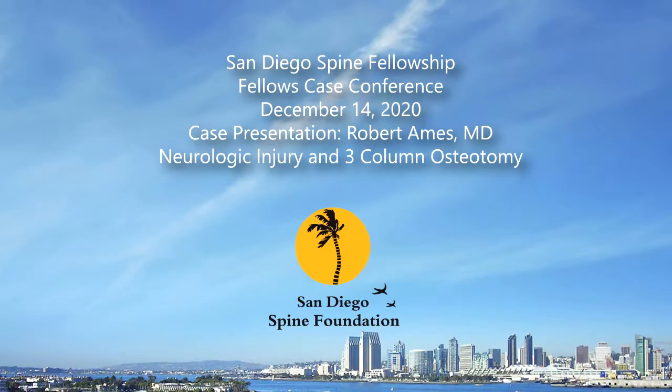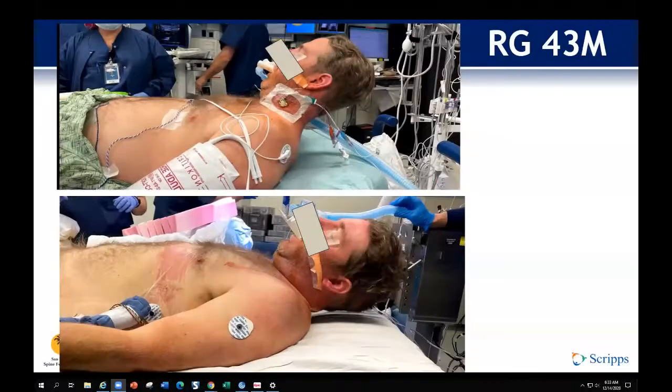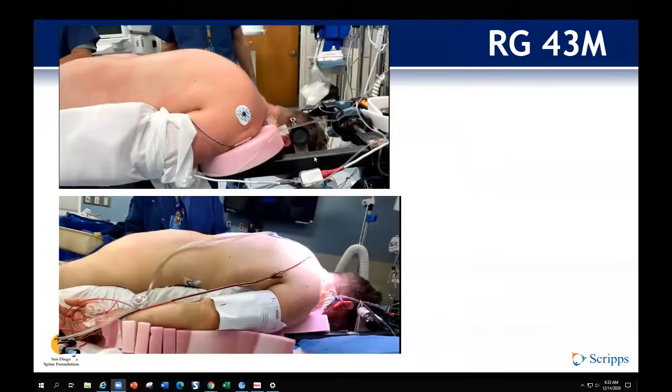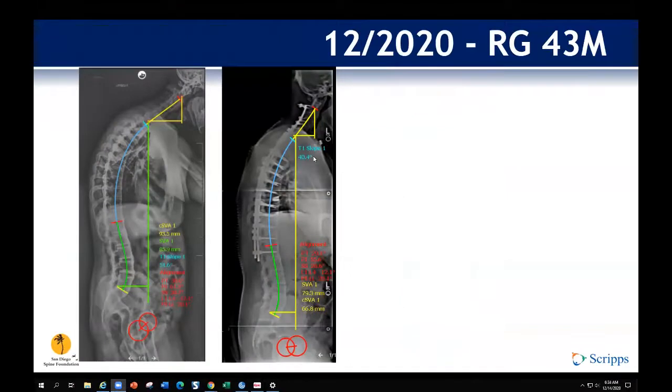So this is kind of dovetailing off of last week. I had shown this case, a patient with ankylosing spondylitis, and we had gone through his correction and his x-rays, and I was really satisfied with the correction that we got.